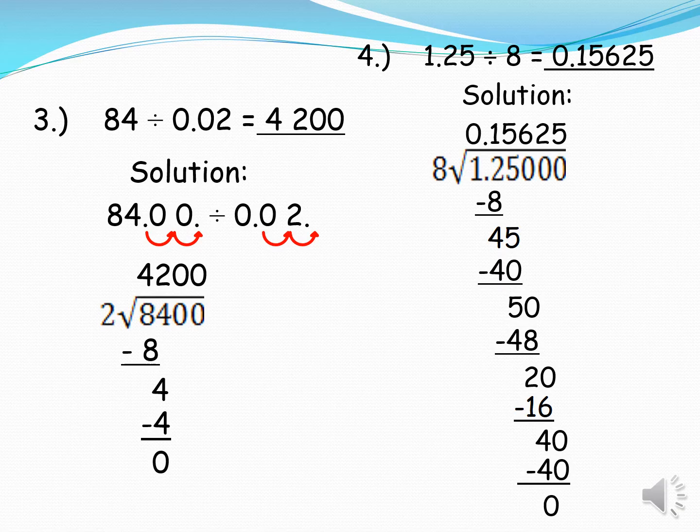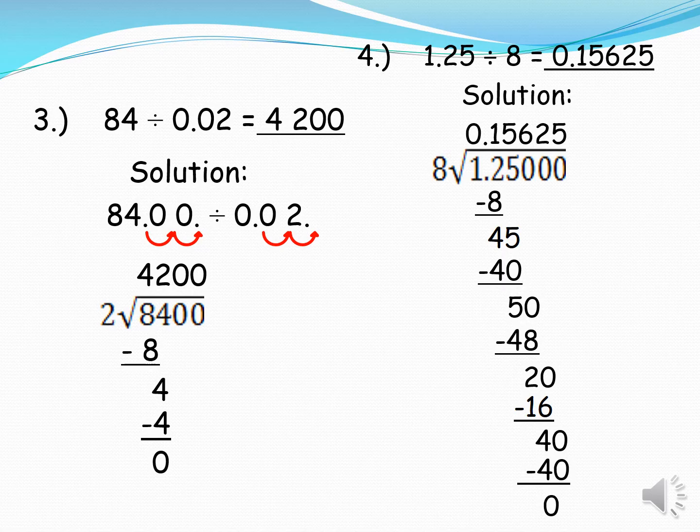50 divided by 8 is equal to 6. 6 times 8 is equal to 48. So 50 minus 48 is equal to 2. So affix again another 0, then bring down 0 to make it 20. So we have 20 divided by 8 is equal to 2. 2 times 8 is equal to 16.